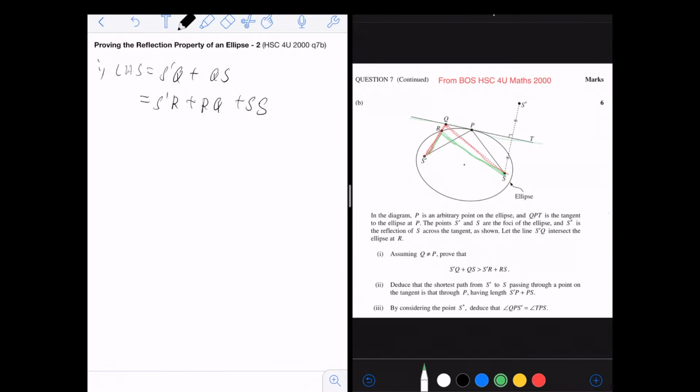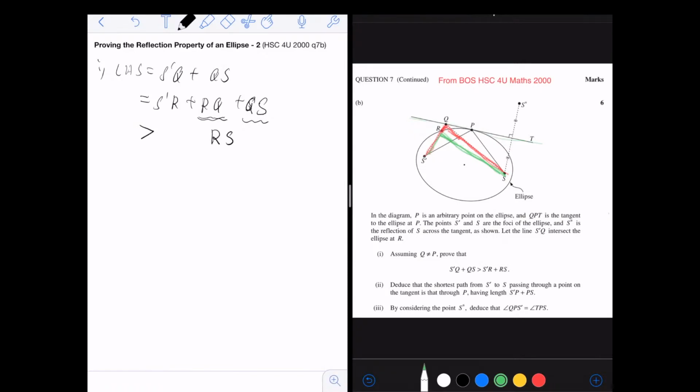So RQ plus QS is always bigger than RS, triangle inequality properties, right? Meaning this distance RQ plus QS is always bigger than RS.